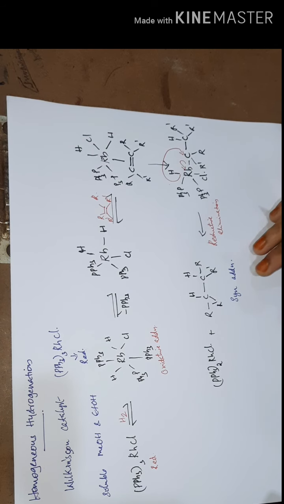Since syn addition is taking place, both hydrogen atoms are added to the alkene from the same side, hence this type of product is formed. Then let us discuss some more examples for this homogeneous hydrogenation.